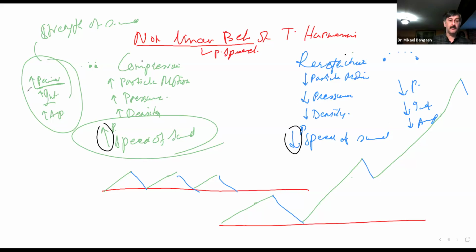More energy will be transmitted during compression compared to rarefaction, which makes it a nonlinear behavior. Any questions about that?